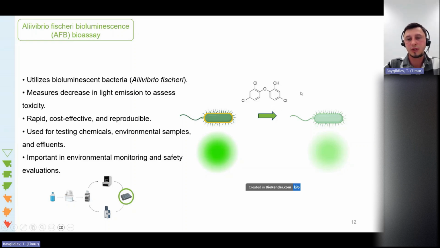For example, here we applied triclosan as a positive control. Again, if inhibition or a decrease in luminescence is observed, that means that possibly some active compounds, some contaminants, are present in this fraction.